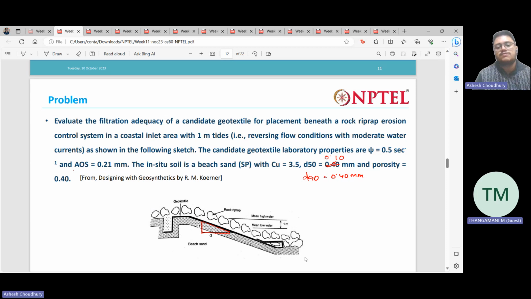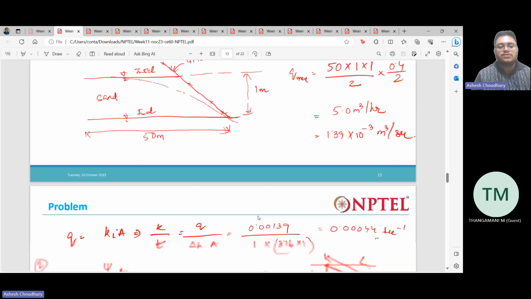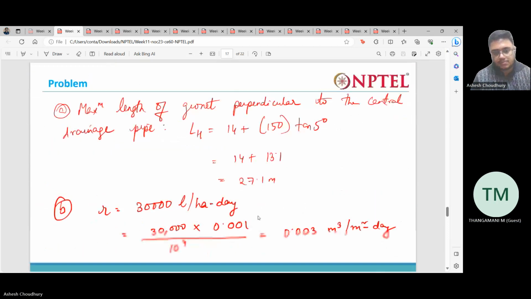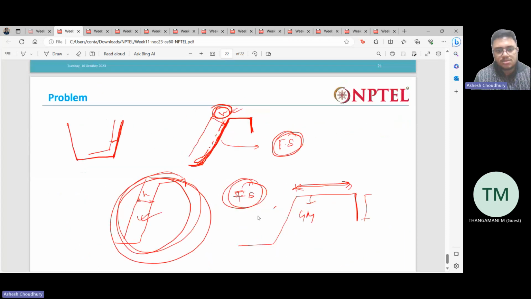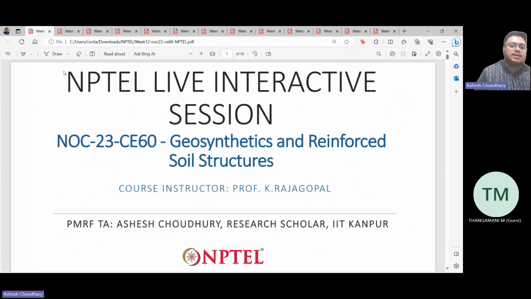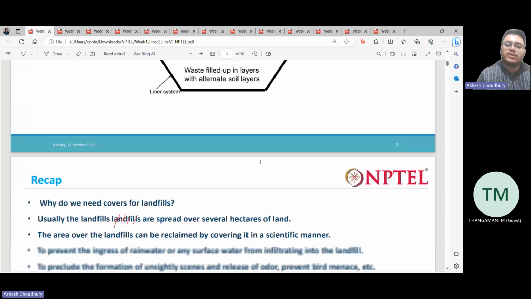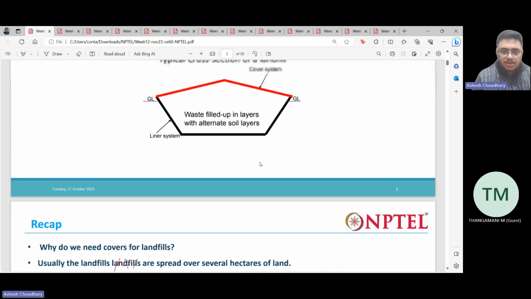This geotextile will prevent the loss of beach sand, and the factor of safety also we determined. So all these problems we solved.